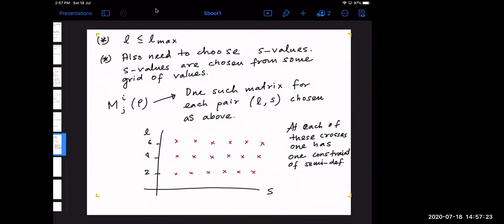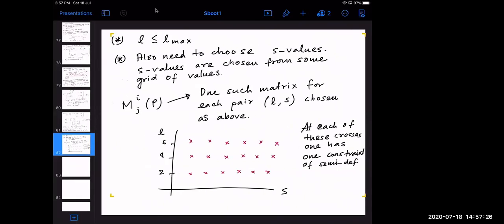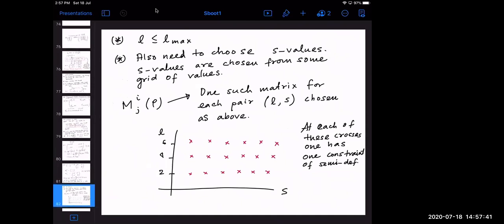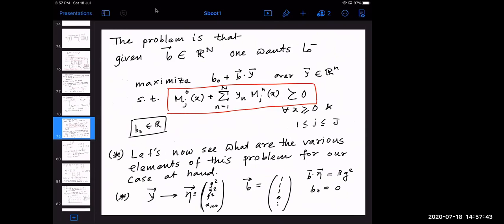So let me once again tell algorithmically what we did. Let me just recap. The problem is what they call a polynomial matrix problem. Let me just go back to slide 79. The polynomial matrix problem is this: given a vector B, one wants to maximize B naught plus P dot Y over Y, which also belongs to some kind of Euclidean space, such that a number of semi-definiteness constraints are satisfied.